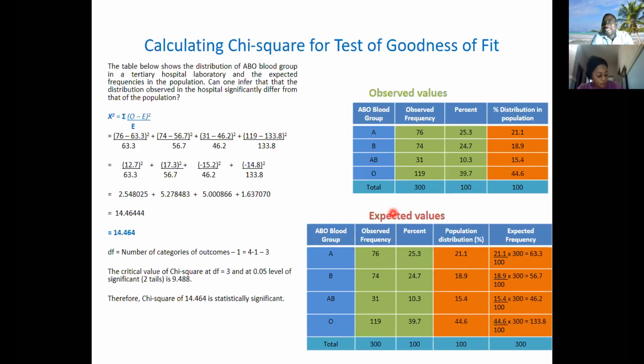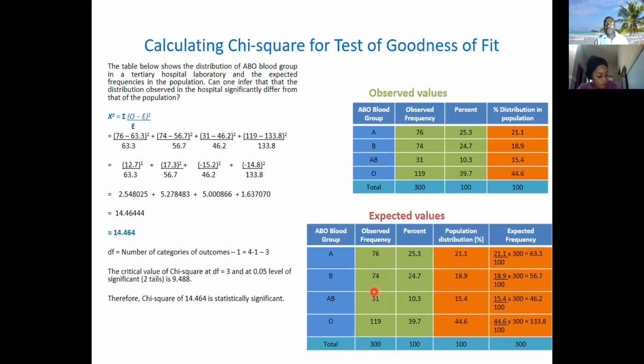It takes somebody that is critically ill most of the time to rush the person to a tertiary hospital. So it does not represent the segment of the population, and you may not expect the distribution of the different blood groups to be the same as that of the population.